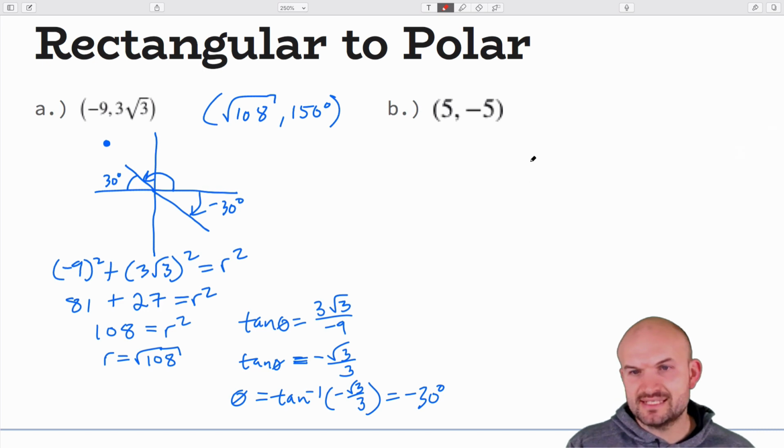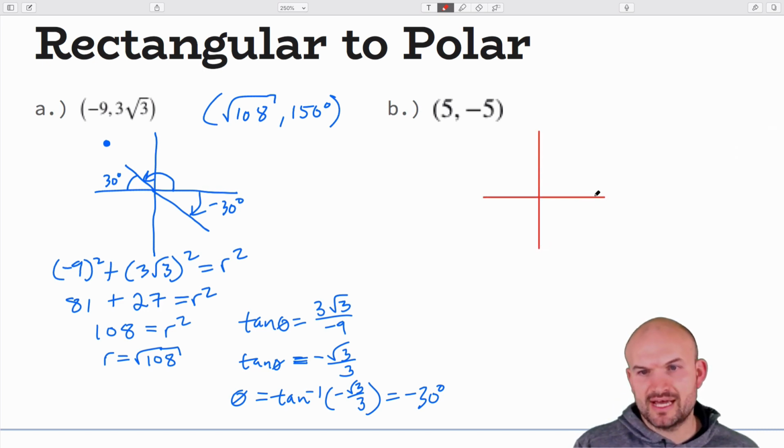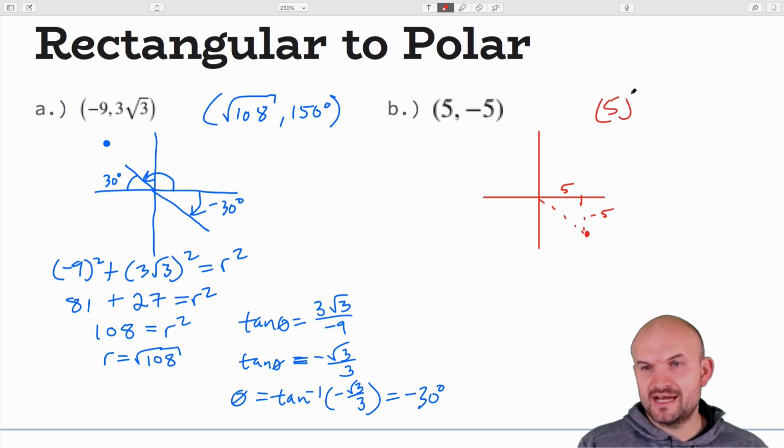All right, again, same kind of thing. This one's a little bit easier to go ahead and plot, but we're going to have a positive 5, negative 5. It's going to be down here. So again, if I wanted to find the distance, how far is this away? You can think of that's 5, that's negative 5. So just going to do 5 squared.